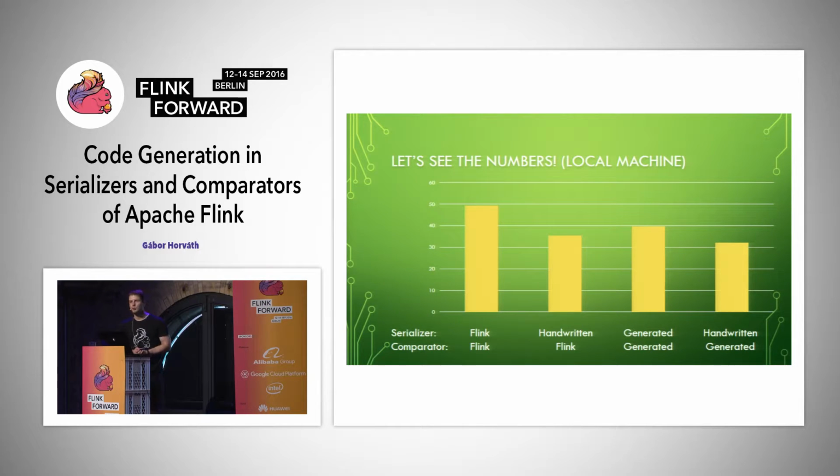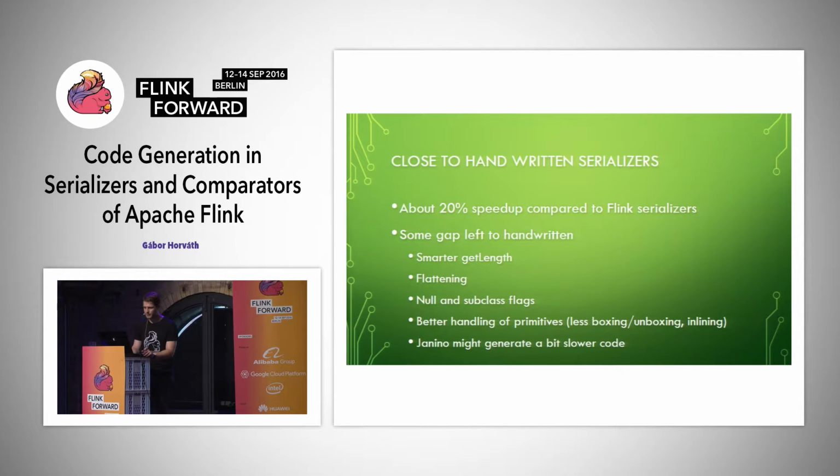I will talk about what is left to get the performance of the handwritten serializers, and what is the reason for this gap. So basically, in order to get to the same performance level as the handwritten serializers, we need to be smarter about predicting how many bytes long the serialized format of the object will be.